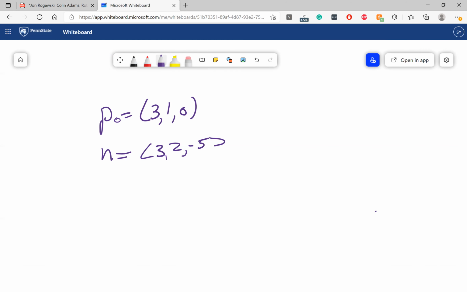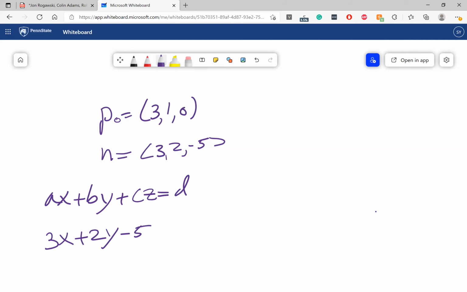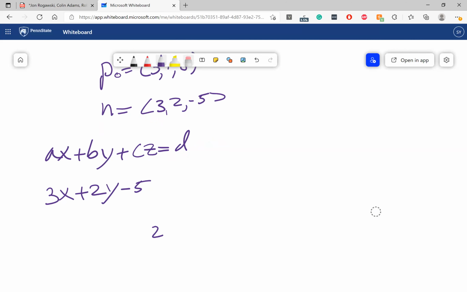Okay, so let's do it. So again, we're looking at the equation ax plus by plus cz is equal to d. So that tells us 3x plus 2y minus 5z is equal to d.